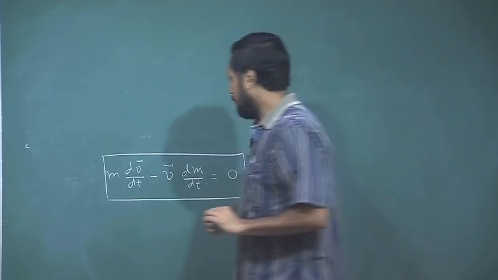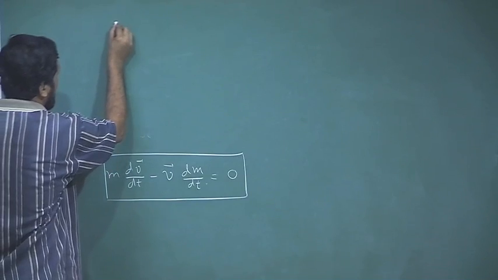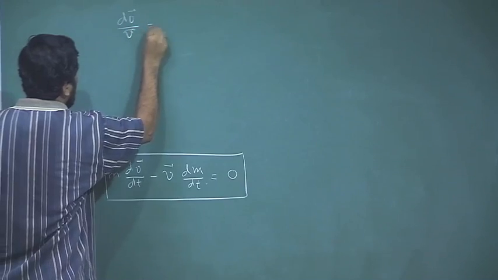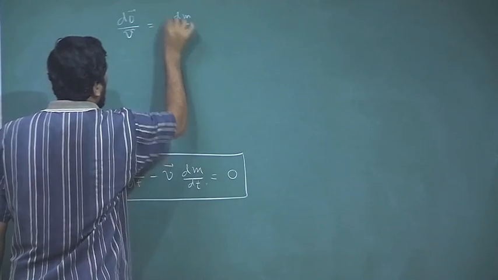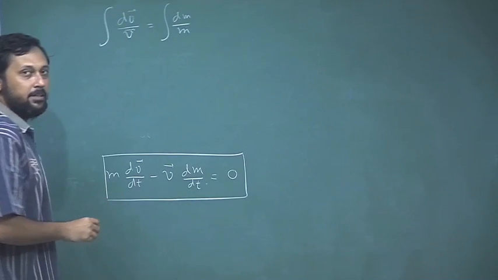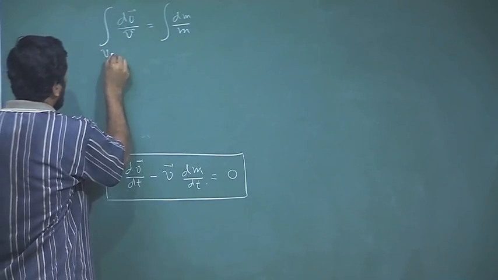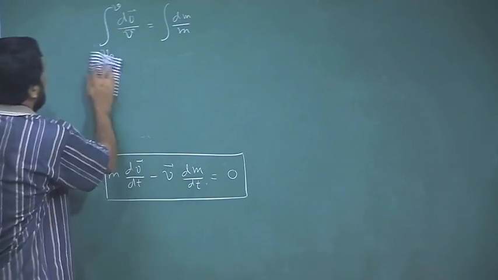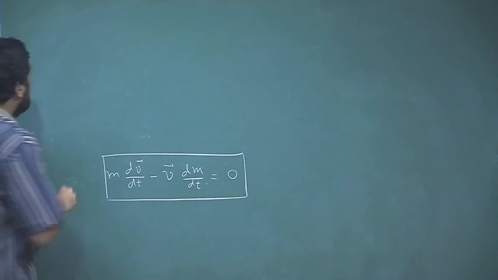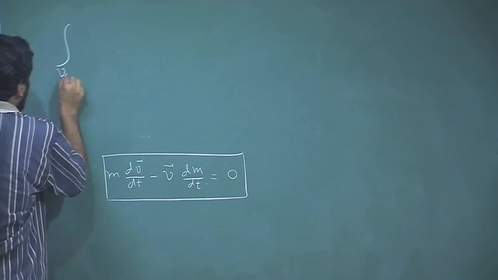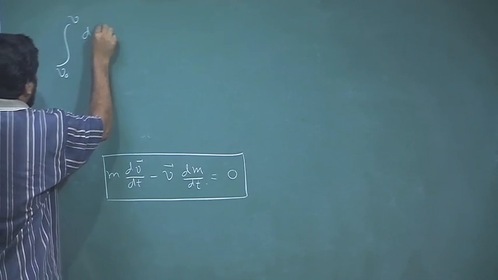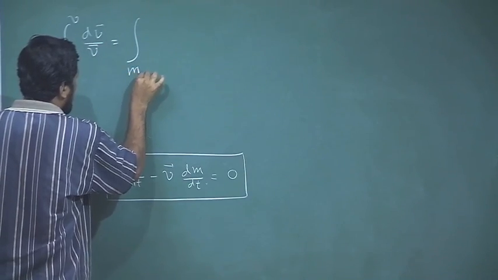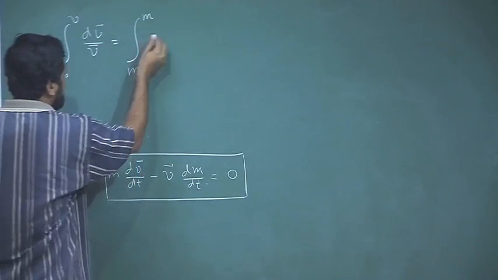Anyway, let's try to integrate this, and what we see straightforwardly is dv by v is equal to dm by m. Let us assume that initially at time t equal to 0 we have a velocity v0, and the upper limit of the velocity is v. So we integrate v0 to v dv by v equal to the integration from m0 to m of dm by m, where initially the mass was m0 and at time t the mass is m.